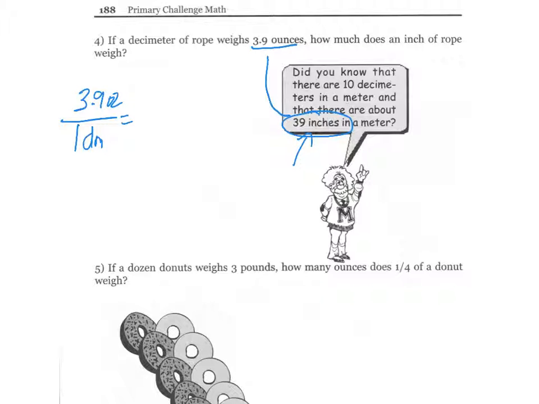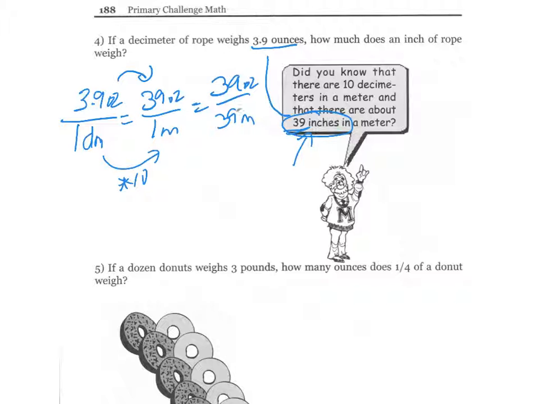So if we multiply by 10, so we have a times 10 relationship, we times 10 above, and it'll be 39 ounces for a meter. But what do we know about a meter? It's 39 inches. So we have 39 ounces for 39 inches, but that's just 1 ounce for 1 inch. So they sort of gave us an easy solution there.